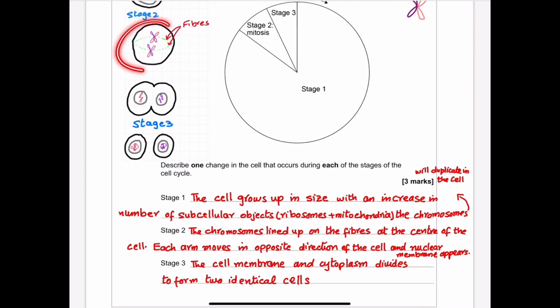We can see from here. Each arm moves in the opposite direction and the nuclear membrane will appear. In stage number 3, the cell membrane and the cytoplasm divide to form two identical cells, which we can see here.